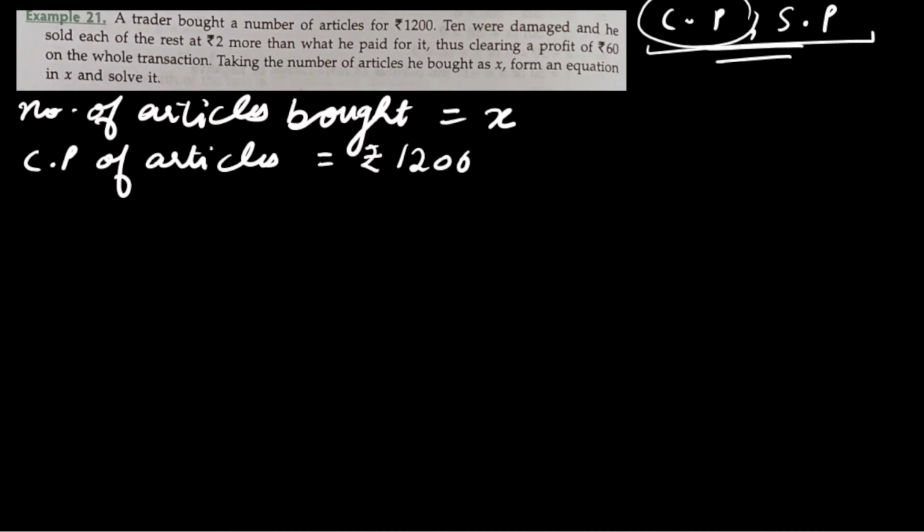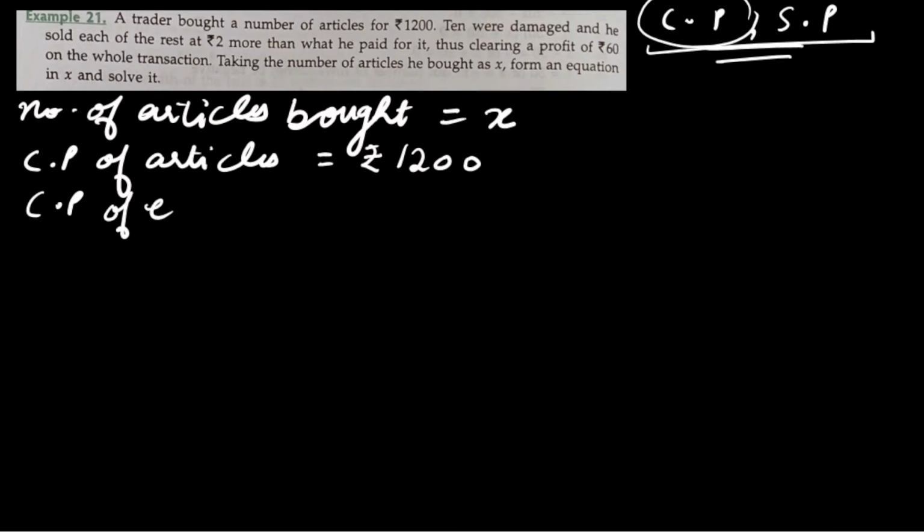Here the total cost price is given to us, for all the x articles. Now the same way like we did for the previous question, we know the total cost. If the total cost we know, the cost of each article we can find.